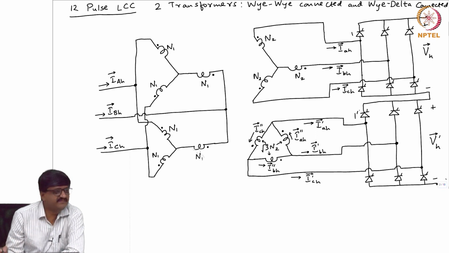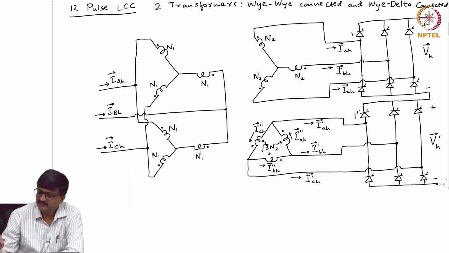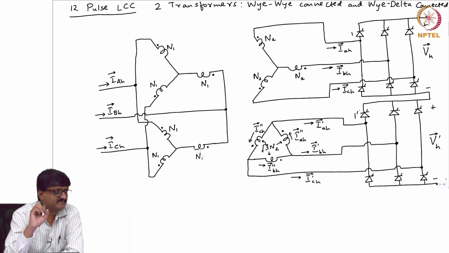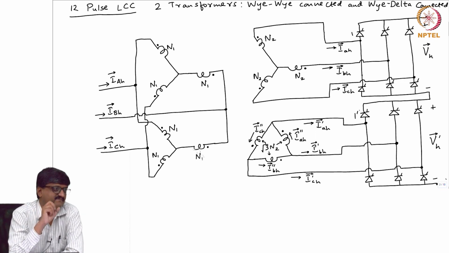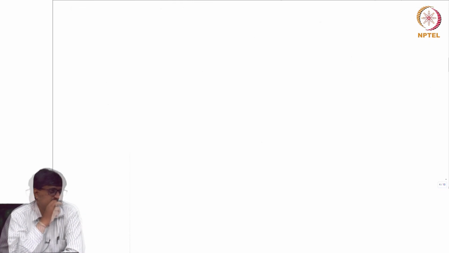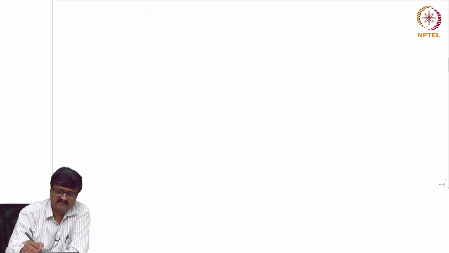Now, the reason is because of the Y delta transformer, the voltages that are applied to the second LCC are lagging or leading the voltages applied to the first LCC. With respect to the voltages applied to the first LCC, the voltages that are applied to the second LCC are lagging or leading? So, to explain which one is lagging, I will show the 2 transformers.